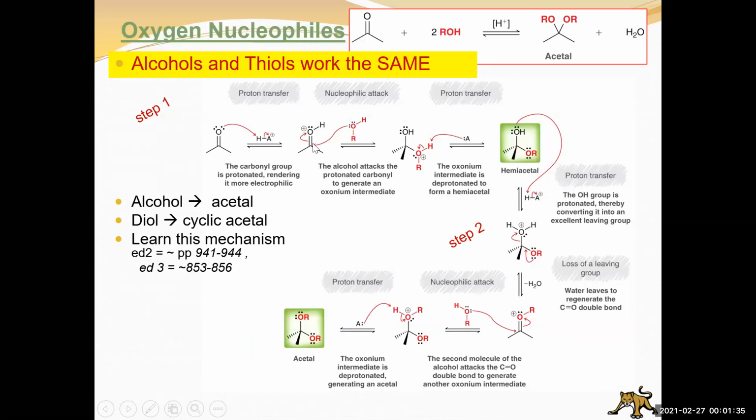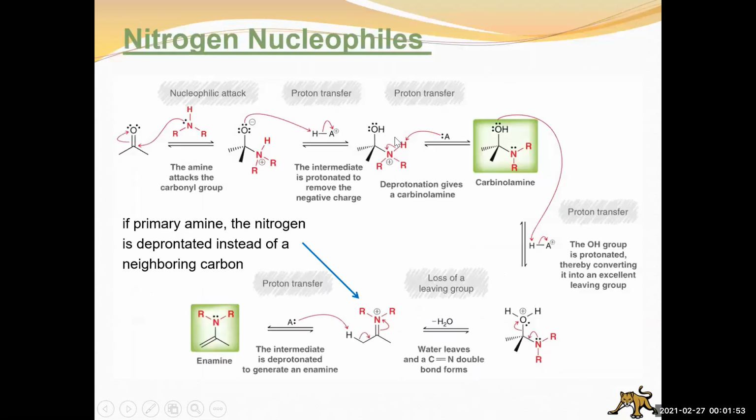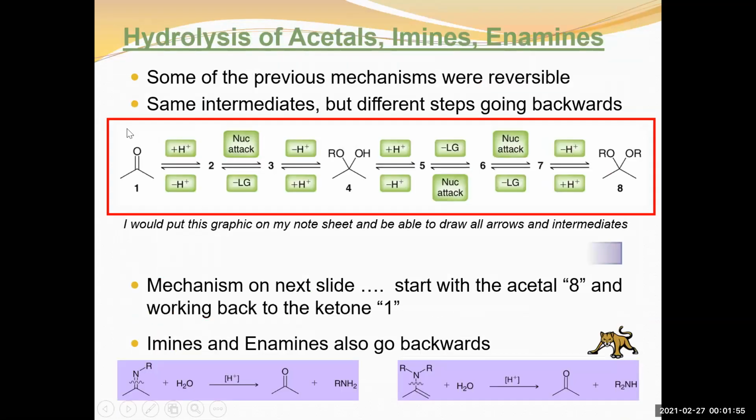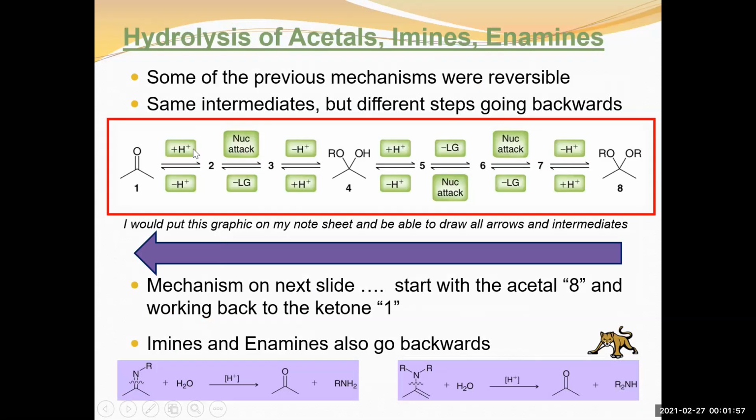You look at the PowerPoint that's on Canvas and go and draw your intermediates. So here was the ketone. Here's what we mean when it gets protonated. Here's what we mean when the nucleophilic attack is happening. Here's where it gets protonated. Here's where the nucleophilic attack happens.